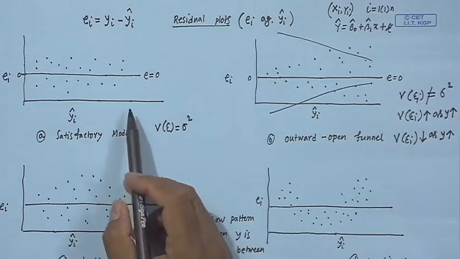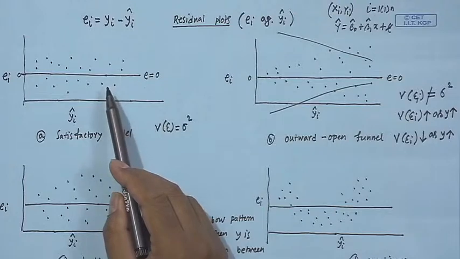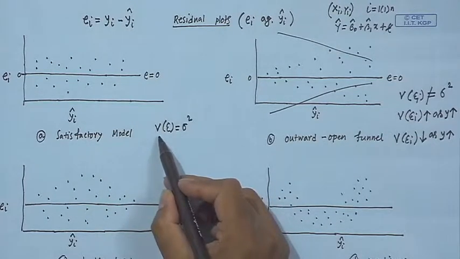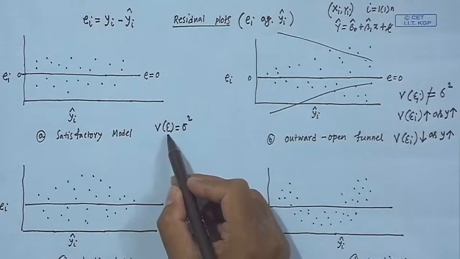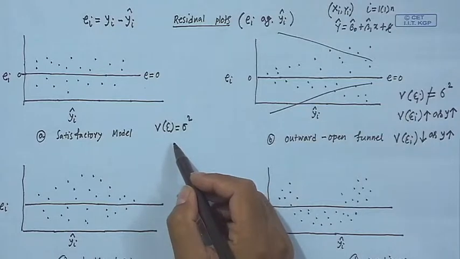And this sort of plot suggests that the assumption variance of epsilon is equal to sigma square is satisfied.